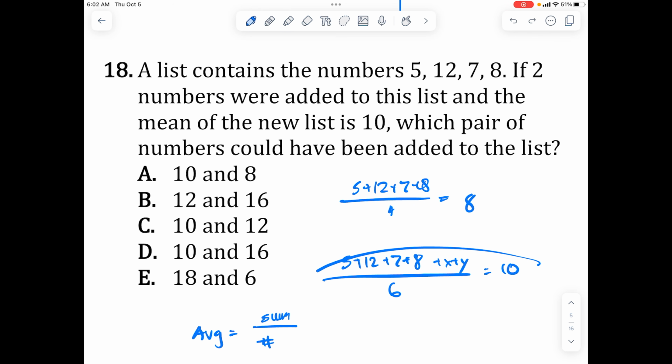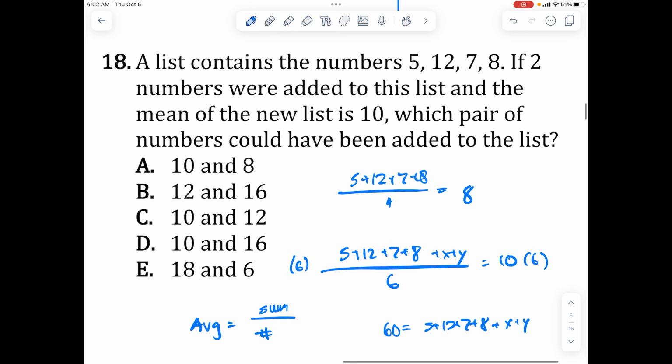Now, what I'm doing now is I'm just going to take this formula and manipulate it. So let's just multiply by 6 on both sides. So we get 60 is equal to 5 plus 12 plus 7 plus 8 plus x plus y. Okay. Now let's just combine all these terms here.